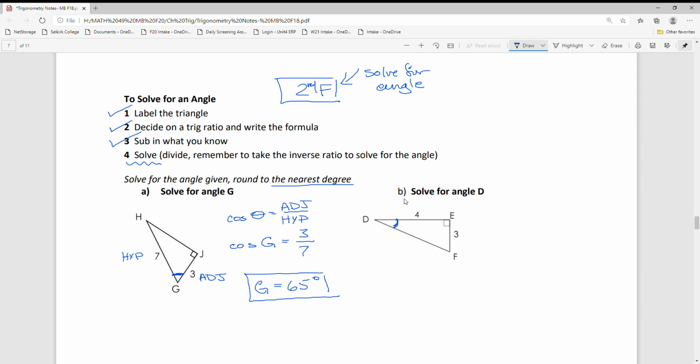Solving for angle D here, labeling my triangle is always the first step. Choosing my trig ratio is always next. Subbing in what I know, in this case it's angle D, and my opposite is 3, and my adjacent is 4. And then really it's just calculator work, popping that angle measurement out and rounding to the nearest degree.